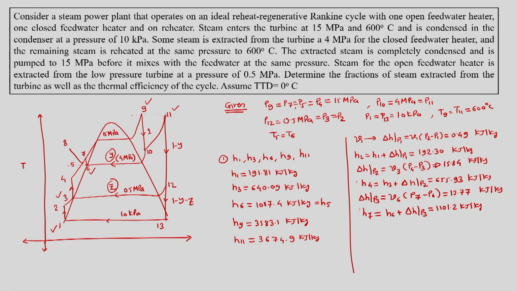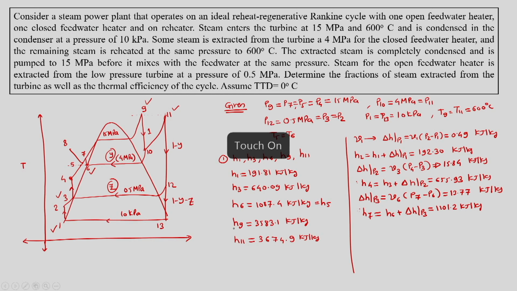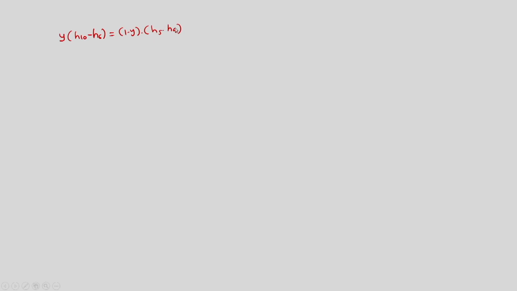First we can find out y, and for y we know that y amount of mass at enthalpy 10 loses its enthalpy till 6, such that 1 minus y amount of mass at enthalpy 4 rises its enthalpy till 5.